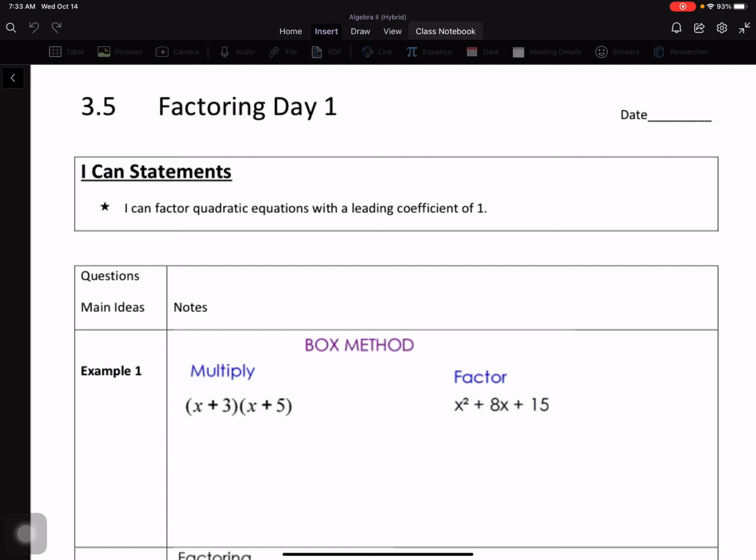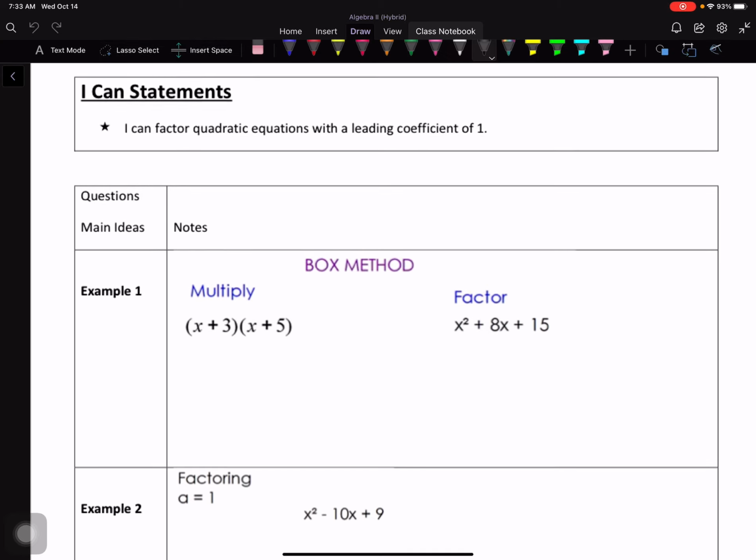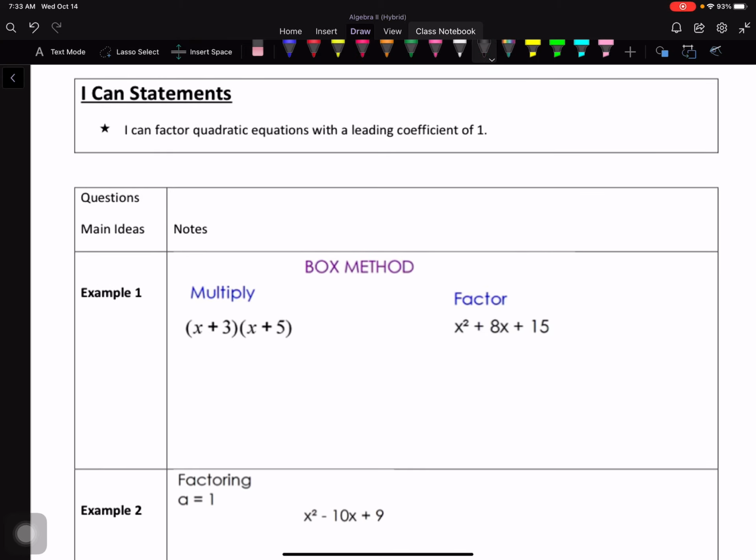So example one, if you remember from Algebra 1, we could multiply two polynomials using a box. We would take our first binomial, put x and 3 on the top to represent x plus 3, then put x plus 5 on the side, and then multiply. We start with x times x, and we get x squared.